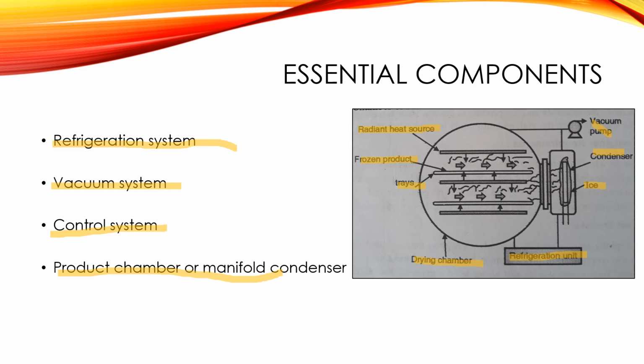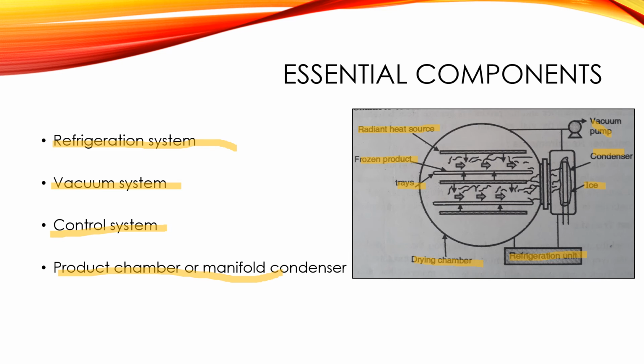Then shelf fluid system. The freeze drying process requires that the product is first frozen, and then energy in the form of heat is applied throughout the drying phases of the cycle. This energy exchange is traditionally done by circulating a fluid through the shelves at a desired temperature.